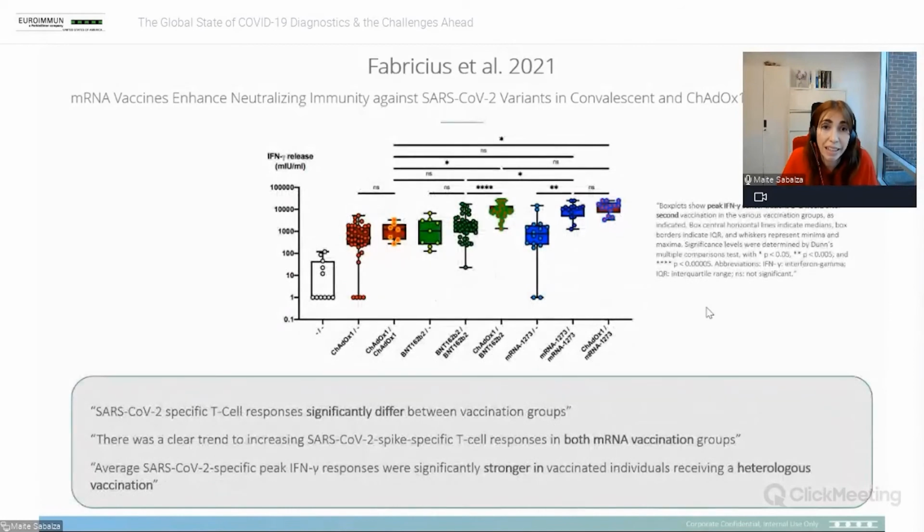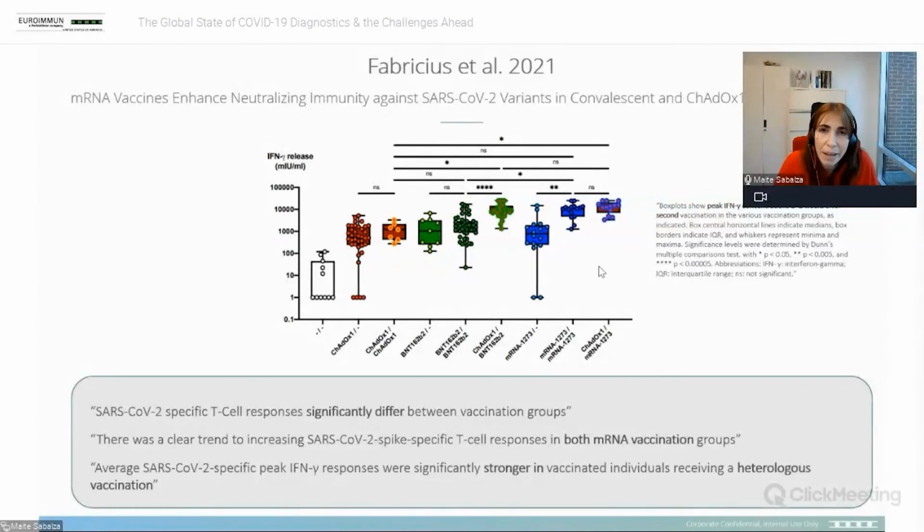And what about the interferon gamma, or the T cell response? So here we have, again, different vaccine types, different types of doses, as well as the infected individuals. And we can see that there is the same pattern as for antibodies. The T cell response is different depending on the vaccine that the patient received.